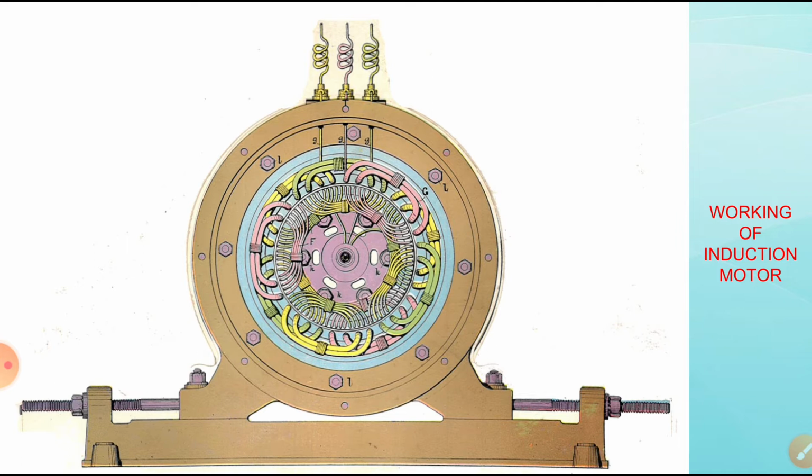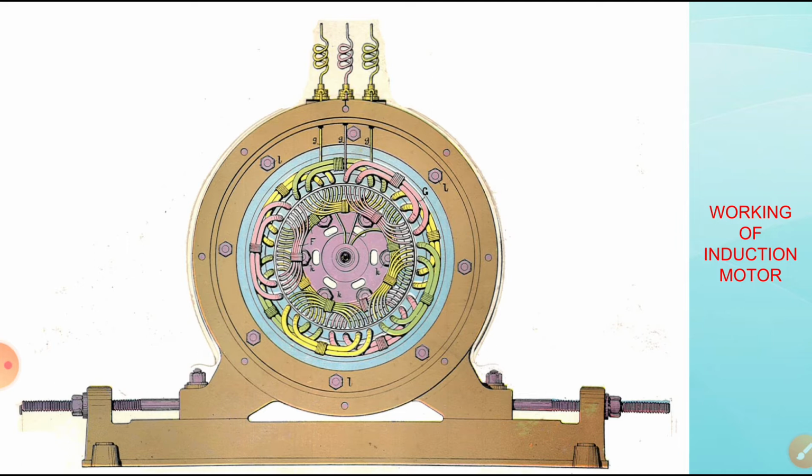Now we have also seen some advantages compared to DC motors and synchronous motors. Have you remembered what the advantages are? Will anyone tell? As we know, almost 70% of the machines used in industries nowadays are three-phase induction motors.